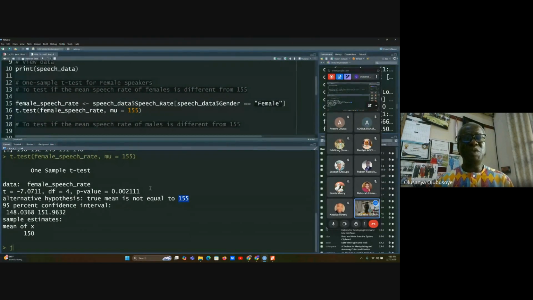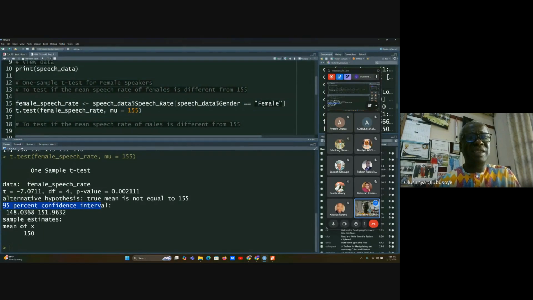So we have chosen 0.05 as our alpha level, but if you look at the complement of 0.05, that is 95%, it represents the confidence level. So even with this decision, we have 95% confidence.